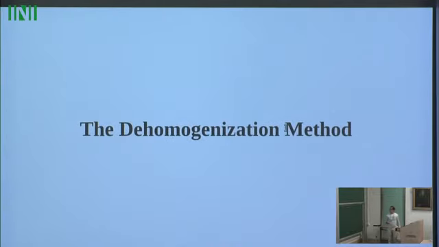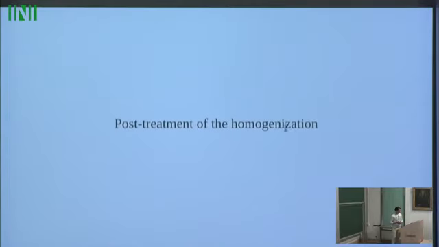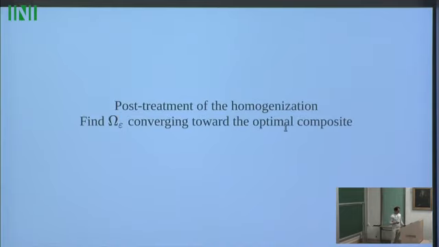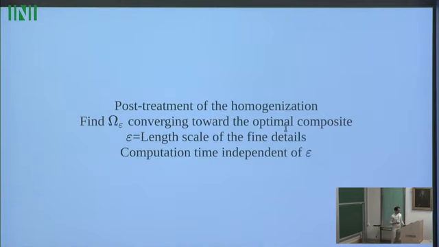Okay, so I will present this method. Just to recall, this is a post-treatment of the homogenization. So the purpose is to find a sequence of shapes omega epsilon that does converge towards the optimal composite shape. Here epsilon stands for the length scale of the finest details.